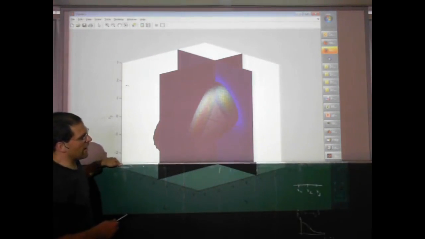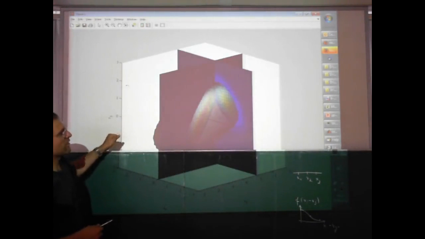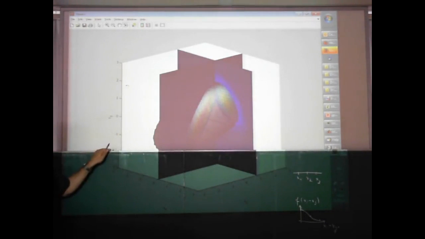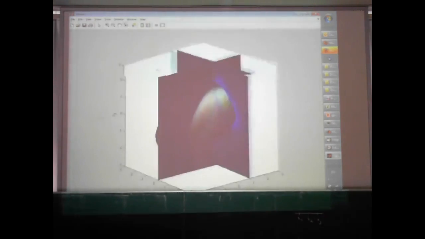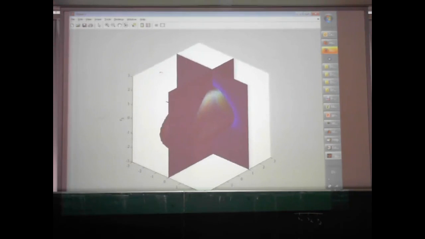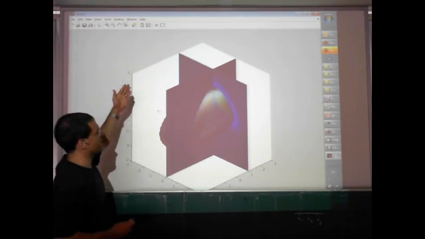Now, I'm entering observations, and this is what this plot is all about. I am conditioning on the observation that x1 should have the value 0. And this is why you see I've cut a plane through my Gaussian.